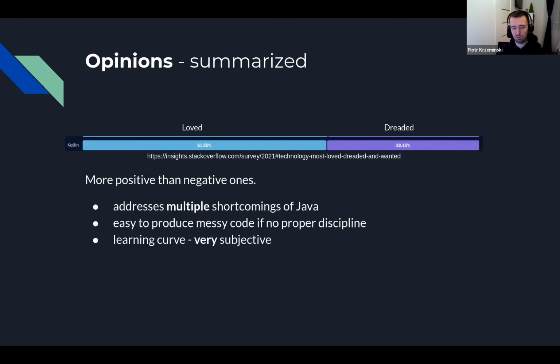The learning curve: Kotlin was designed to be an easy-to-learn language for folks from, for example, Java and from curly braces languages. And for me, it was, but I know some opinions that they actually find it really confusing.